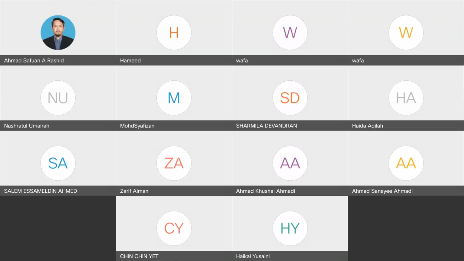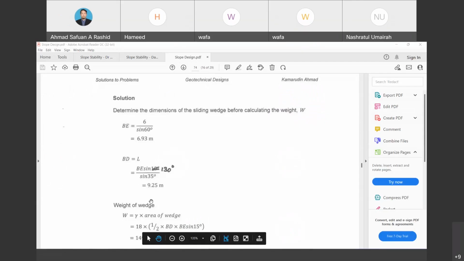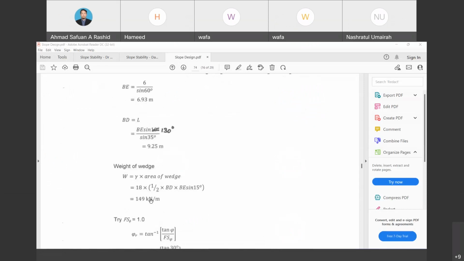So we obtain the BD is equal to 9.25. That is the value for the BD. So the next step is to determine the weight of the wedge.